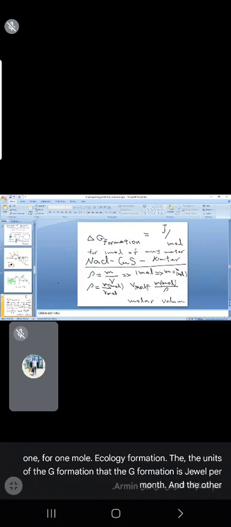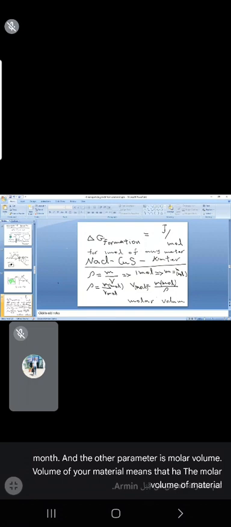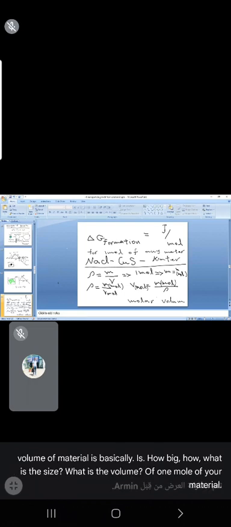And the other parameter is molar volume. The molar volume of a material is basically the volume of 1 mole of your material.